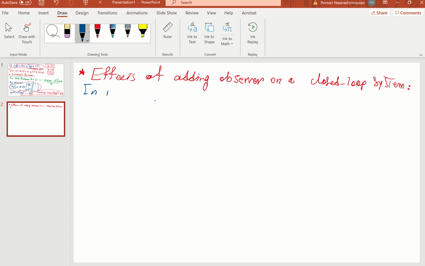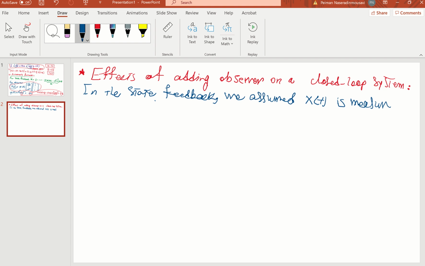In the state feedback, we assumed x of t, the state variables, are measurable. That's why we developed the Matlab code.